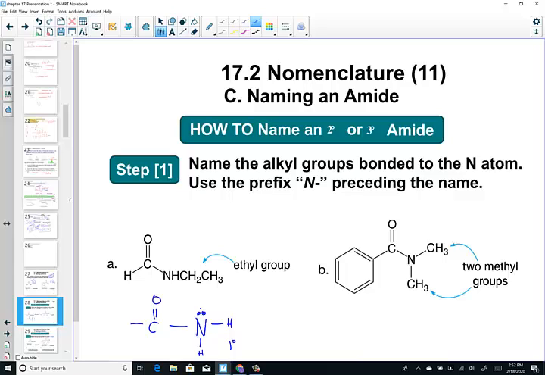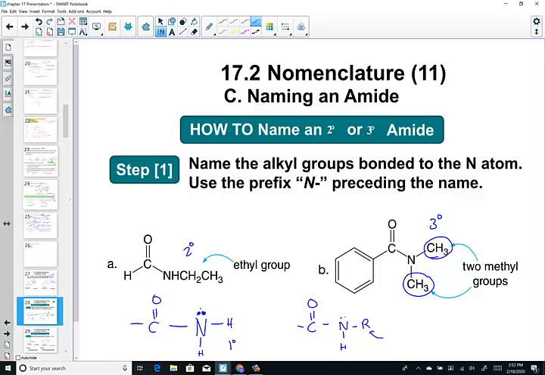But now all of a sudden, if I have a secondary amide, which would look like the nitrogen attached to just one hydrogen and now some kind of R group, I have to tell you what that R group is in the name. And if I have a tertiary amide, I'd have to tell you what both of these alkyl groups are in the name.